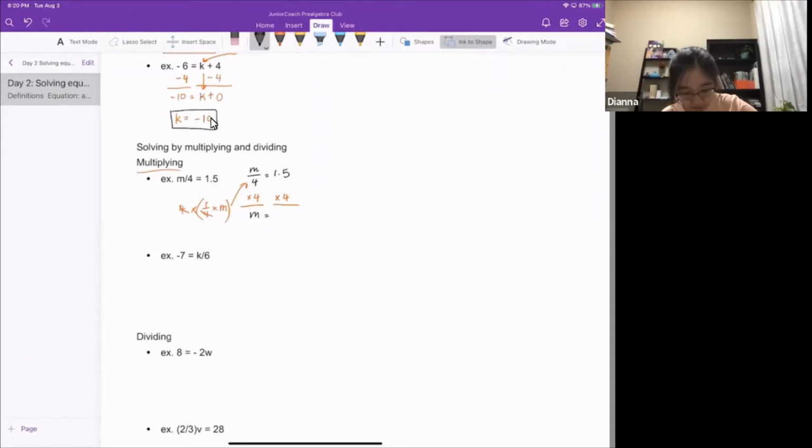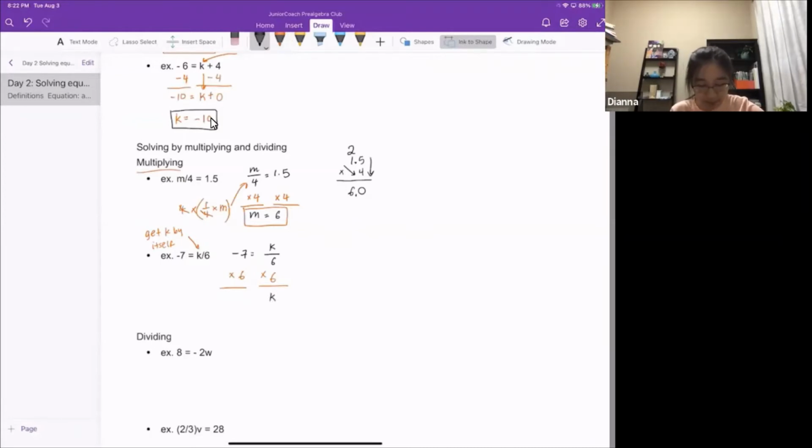So I'm going to multiply here by 6. And whatever I do to one side, I have to do to the other side. So I multiply this by 6, and I also multiply the left side by 6. So down here, I'm left with just k, right? Maybe I'll write it in black. I'm just left with k.